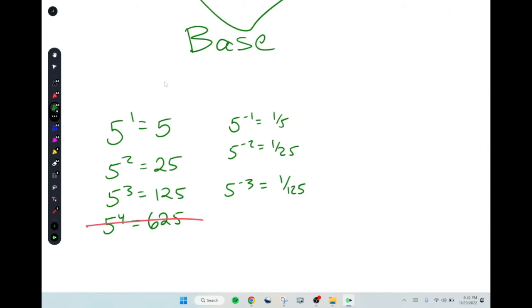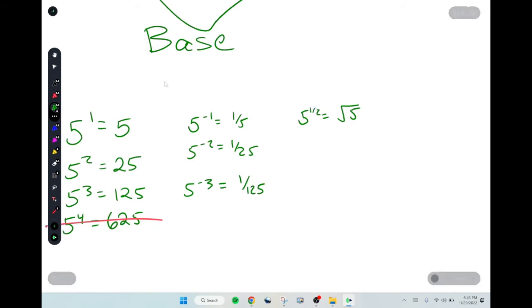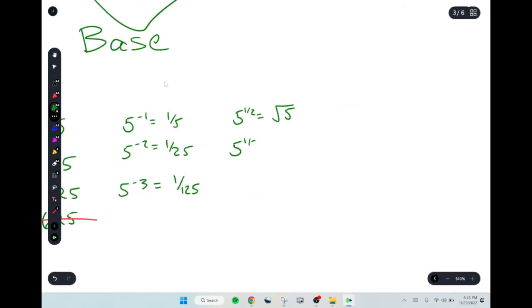There's actually one other type of exponent. 5 to the 1/2 is what? Square root 5. Well, technically that means there's two other types. So what's 5 to the 1/3? Cube root of 5.